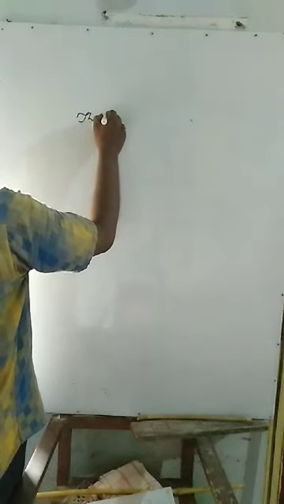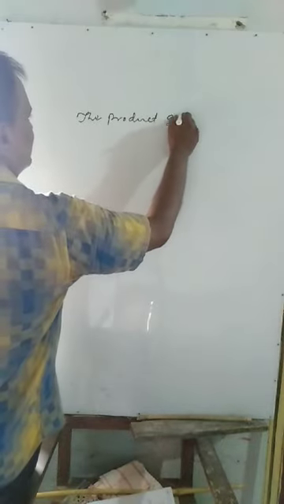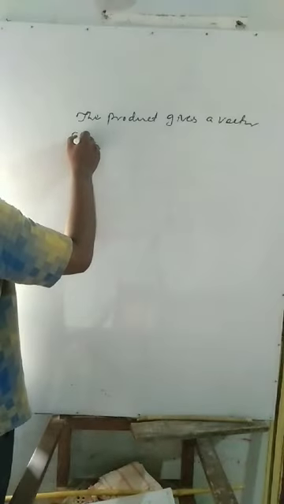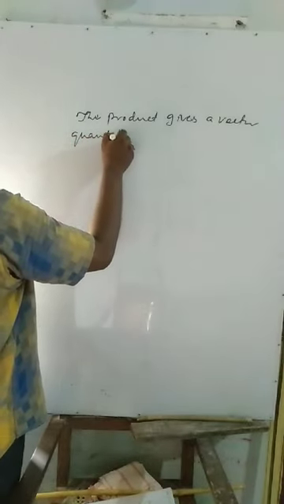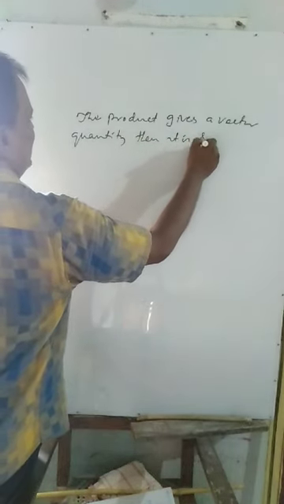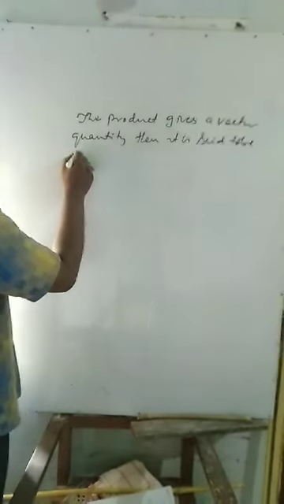The vector product gives a vector quantity, and so it is said to be a vector product.